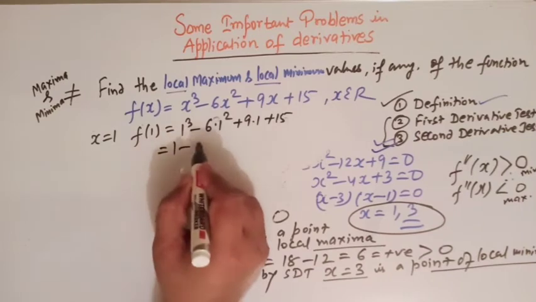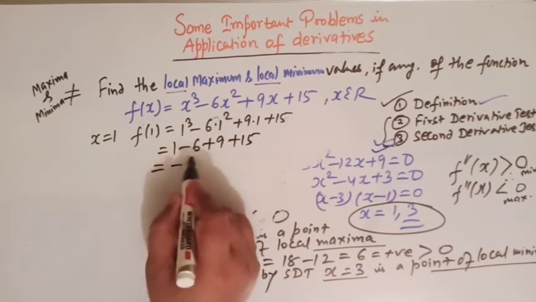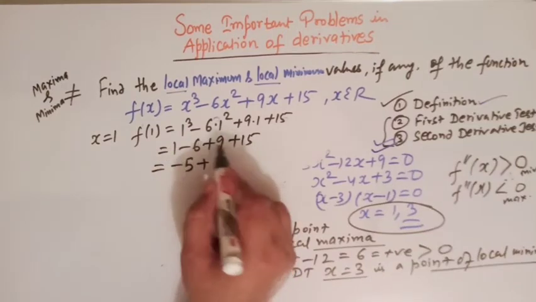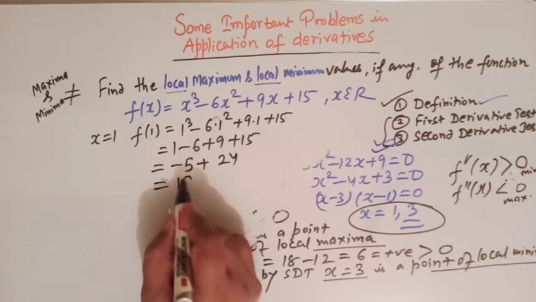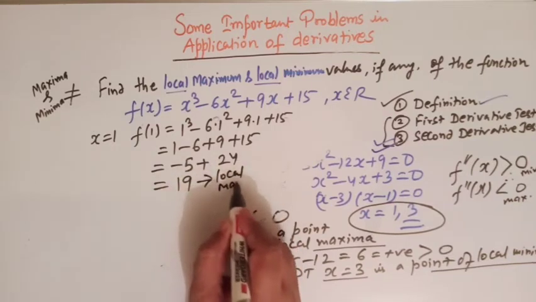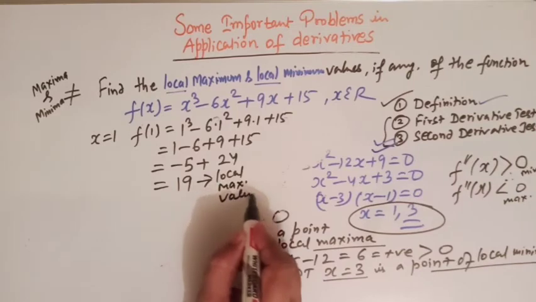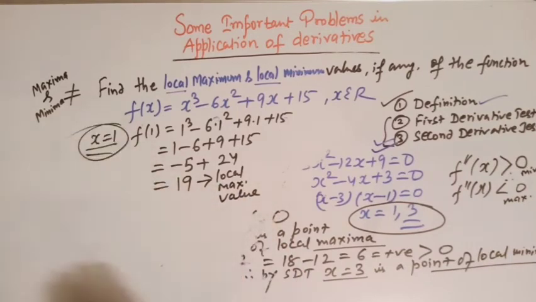So we have 1 minus 6 plus 9 plus 15, and this is minus 5 plus 24, and this is 24 minus 5 is 19. So this is a local maximum value, right? And this value occurs at x equal to 1.